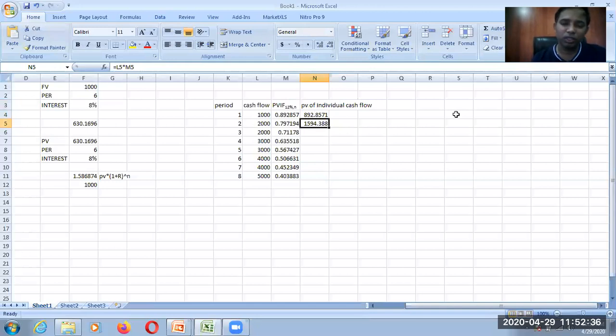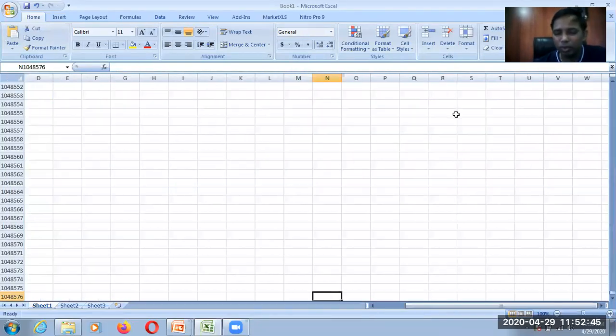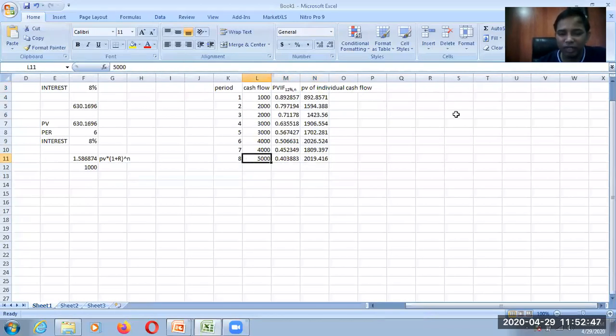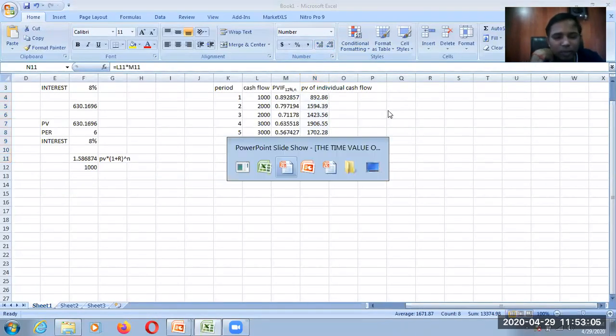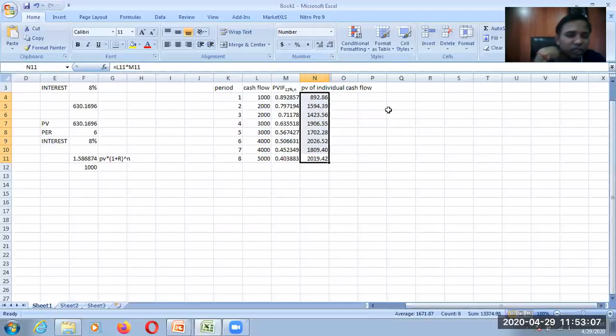Keep in mind, all these present values are discounted at 12 percent. So any amount that is received after 8 years, that is 5000, if I convert it into present value, you may find that it is only 2019 rupees. So let us convert them into two decimal points: 2019.42. Decimal points are not taken.